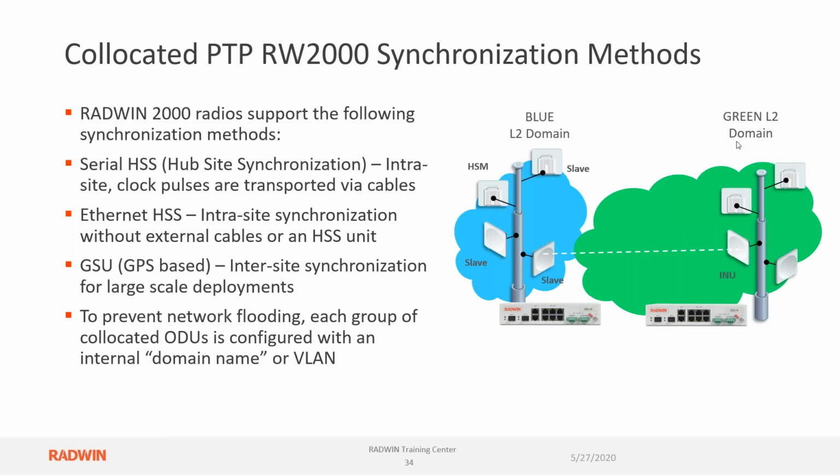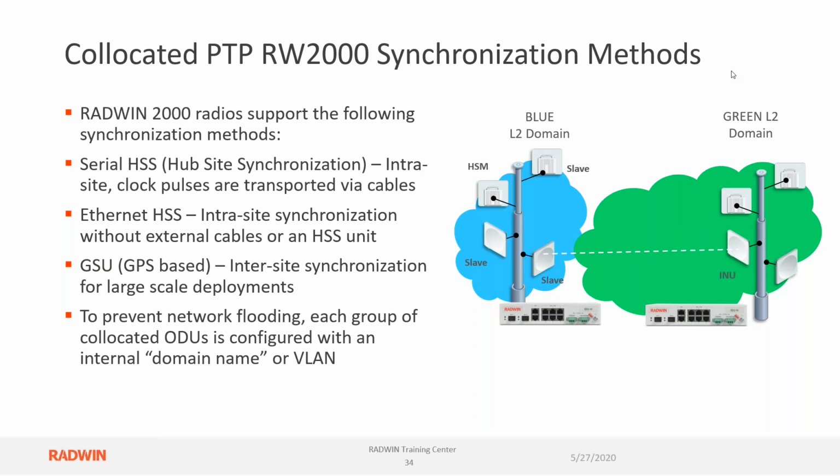This is to avoid congestion of broadcasting packets that will run in our network and flood the network. That is why we will put a blue domain or green domain to avoid flooding of broadcast packets that will congest our network.